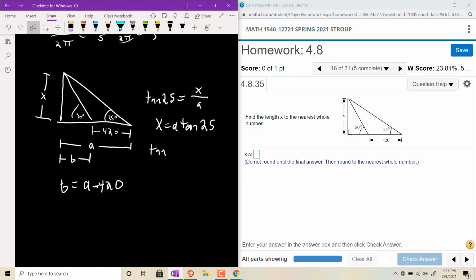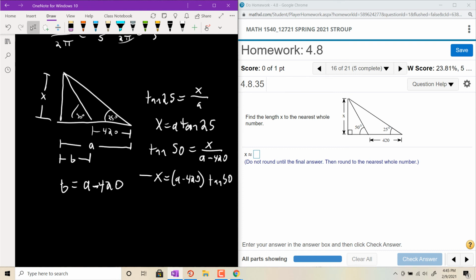Okay. This other part, tan of, I guess it's a 50 degree, is equal to opposite, which is again x, all over the adjacent side, which is b, but we can rewrite b as a minus 420, right? And then we can go ahead and solve for x again. So x is equal to a minus 420 times tan of 50.